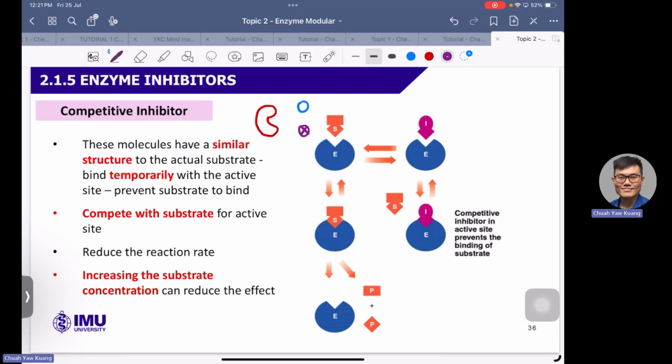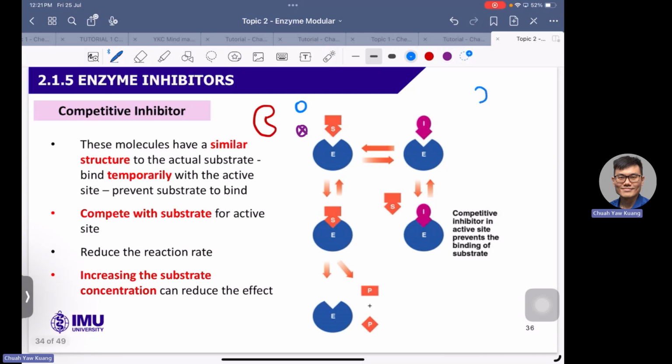Okay, so for example, now I have enzymes. Let's say I have 4 enzymes, and this is the substrate: 4, 5, 6, 7, 8. At the very beginning, without any inhibitor, what is the maximum rate of reaction?